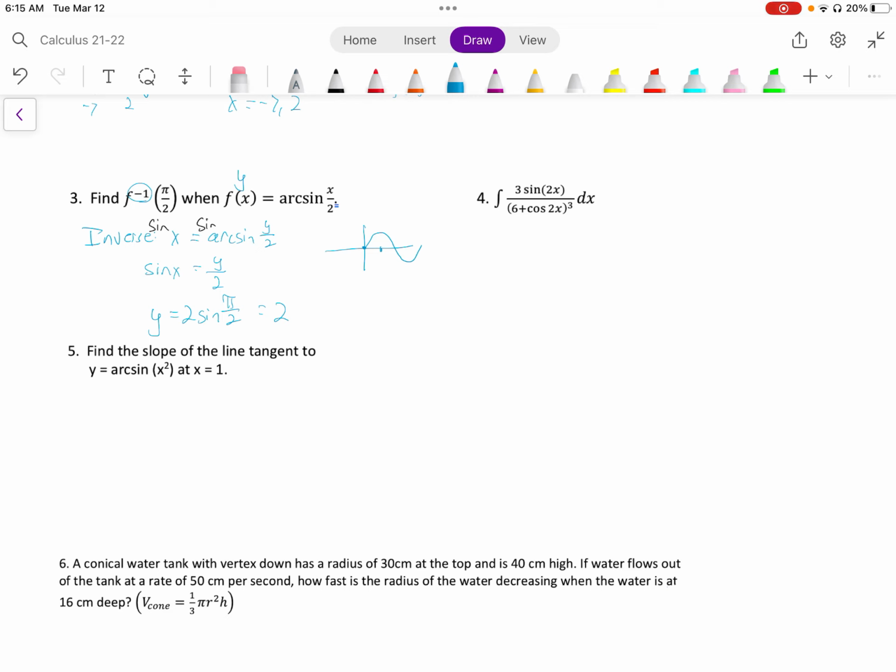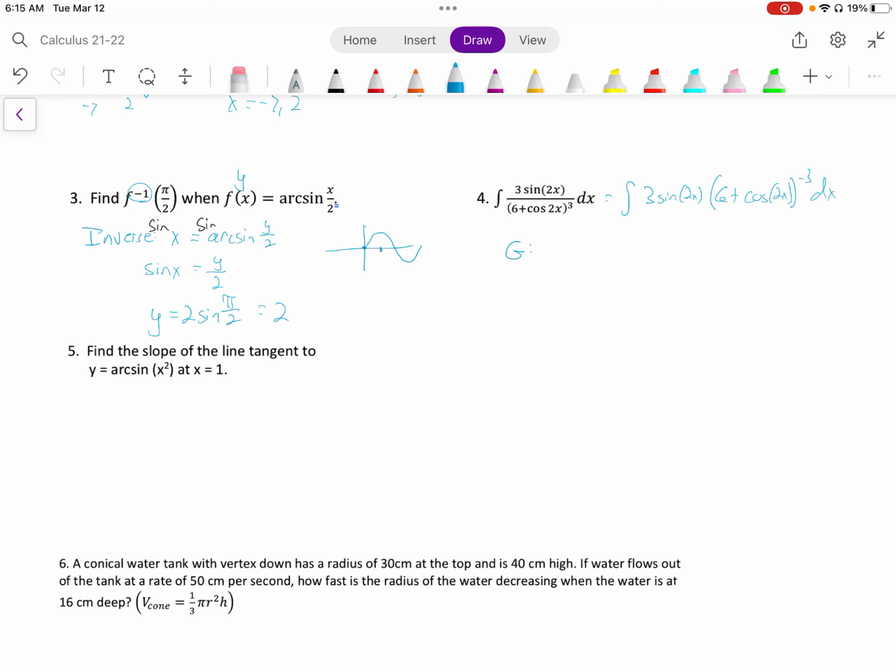All right, number 4. We want to integrate. We could use u substitution, or we could use guess and check. So let's go ahead and guess. First of all, we might want to rewrite this as 3 sine of 2x times 6 plus cosine of 2x to the negative third power.